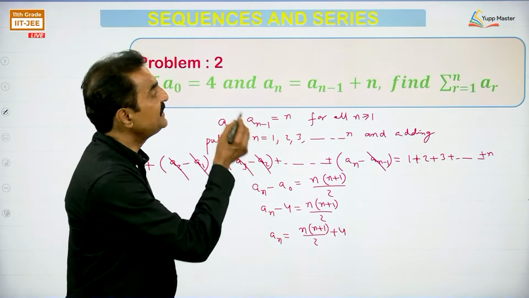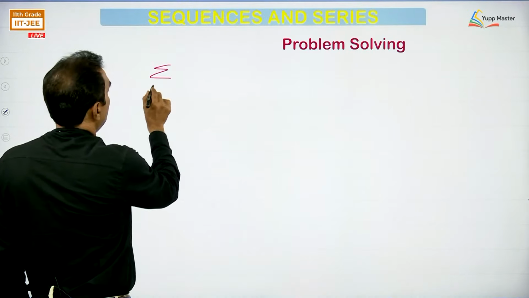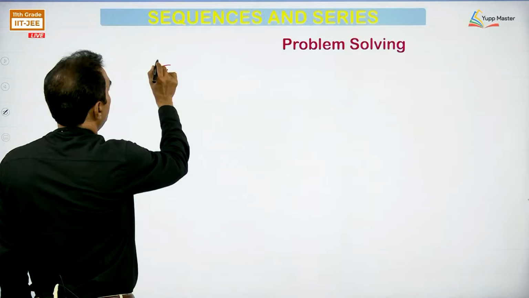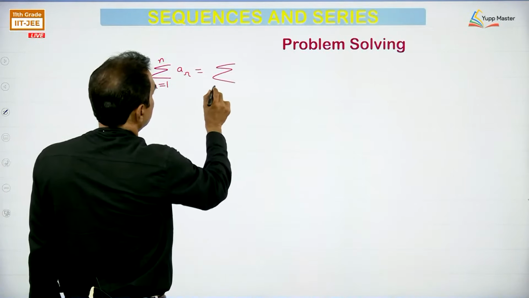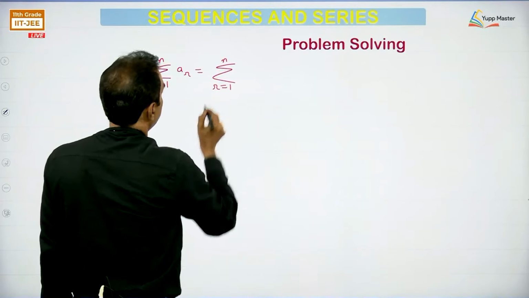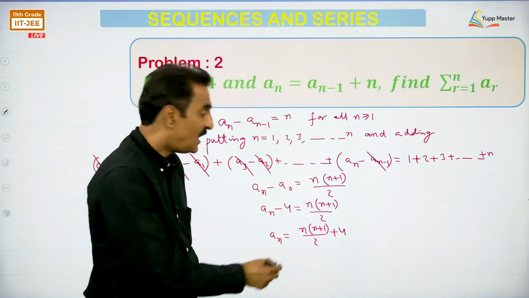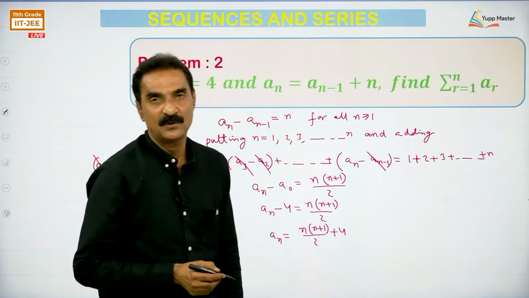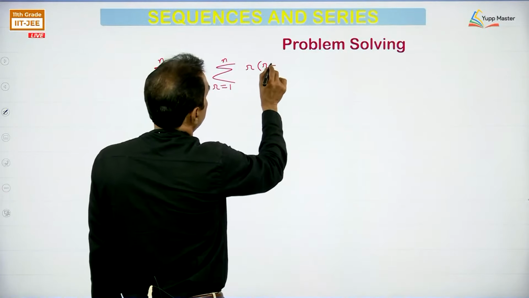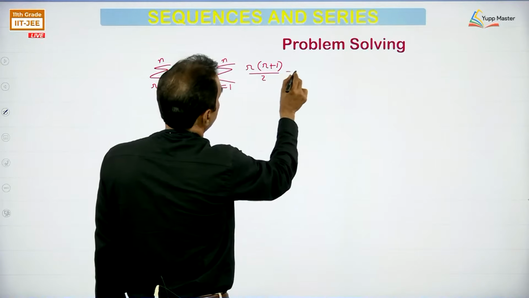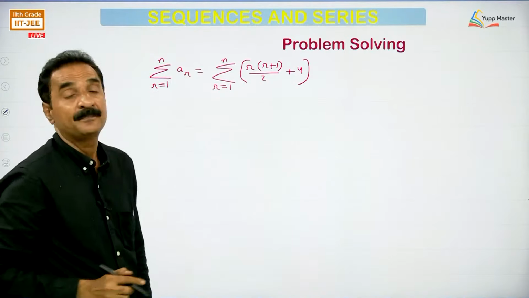Now, finding the sum of the n terms. Sigma r varies from 1 to n, ar is equal to sigma r varies from 1 to n. If an is this, then ar is r into r plus 1 by 2 plus 4. Now, separate the sigma.